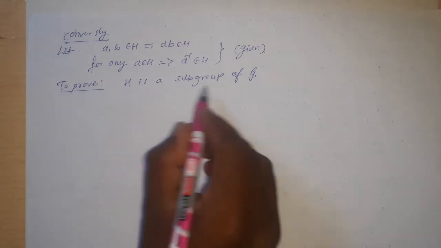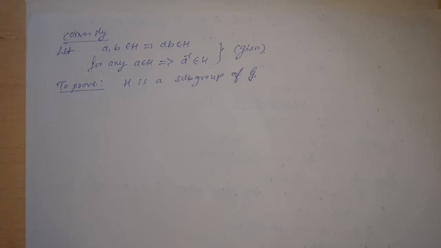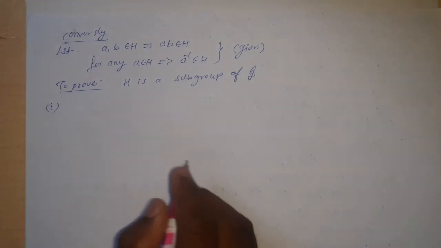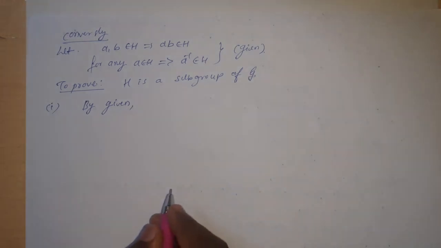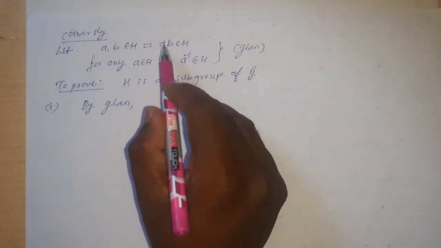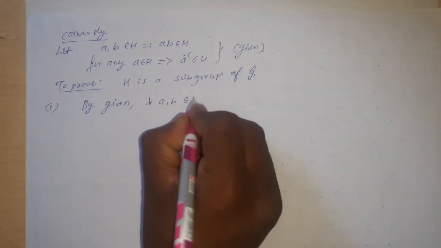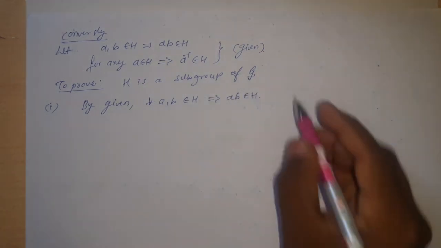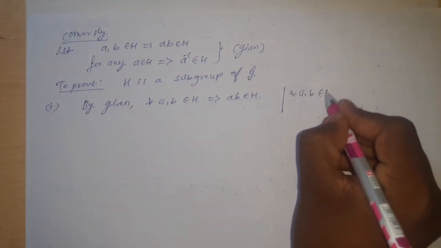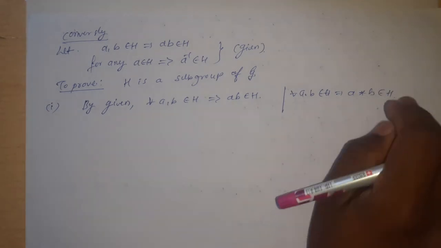To prove H is a subgroup, we should satisfy the 4 laws: closure, associative, identity and inverse. Now, first one, by given. Here 2 points are given, and I am using the first one. By given we can write for all A, B belongs to H, it implies that AB belongs to H. It is similar to: for all A, B belongs to H, it implies that A star B belongs to H. This is nothing but the closure property.